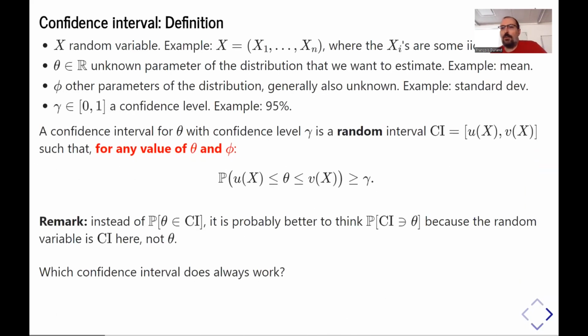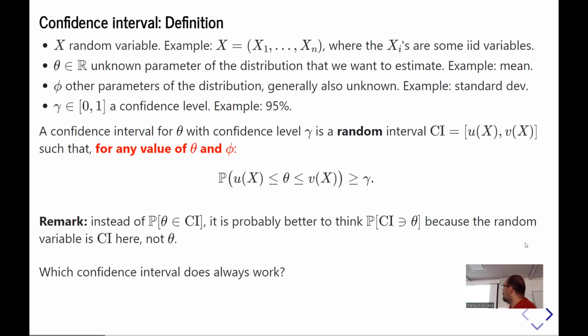So sorry, there is too much text, but we need a bit of formalism. So imagine that you have X, which is a random variable. Typically, X will be constituted of several repeated experiments that are supposed to be independent and identically distributed, and you want to use that data to evaluate the unknown parameters of the distribution.